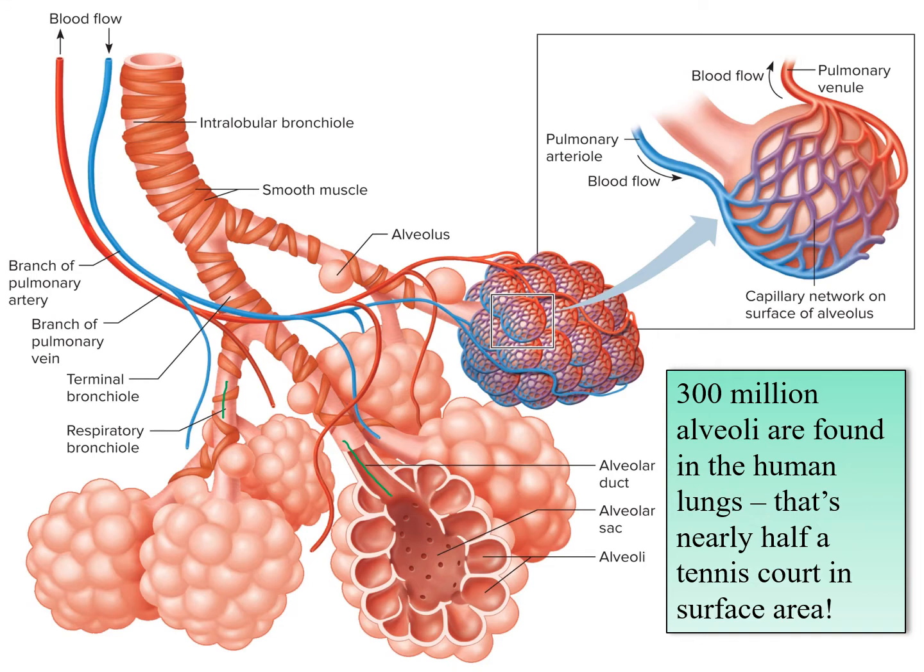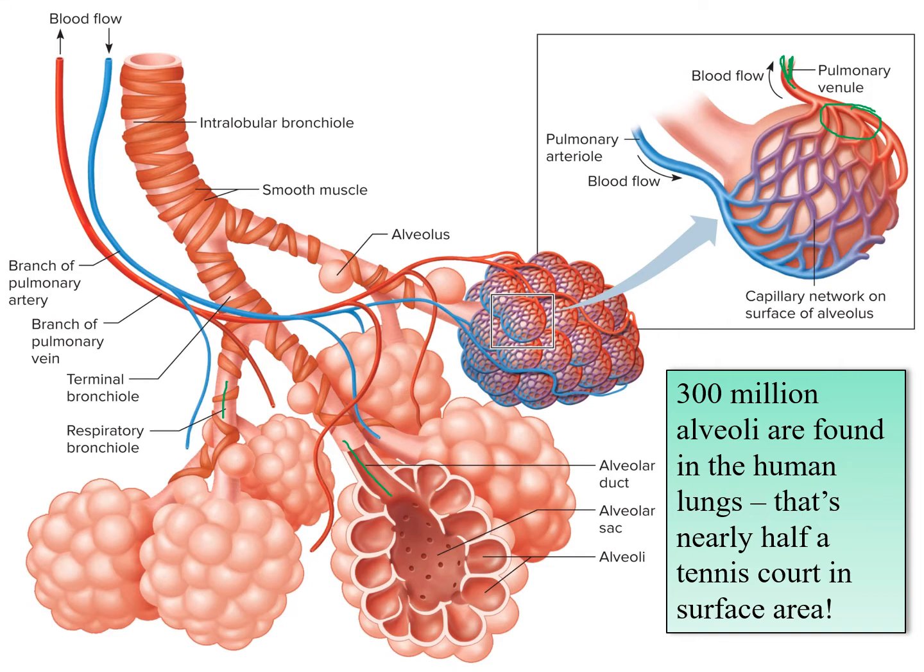So when the oxygen comes aboard the blood, it becomes oxygenated. And we denote the presence of oxygenated blood by coloring this blood vessel red. So it's called a pulmonary venule. And this oxygenated blood is going to ultimately be taken to the heart and then pumped to the rest of the body. So it's across those alveolar walls and into the capillary that the diffusion process takes place.